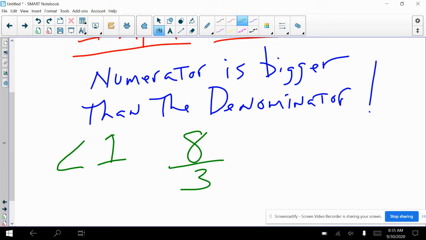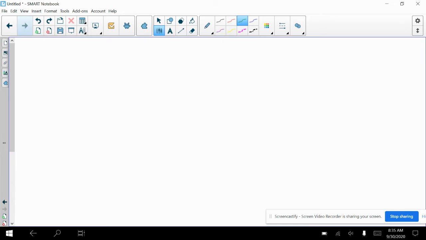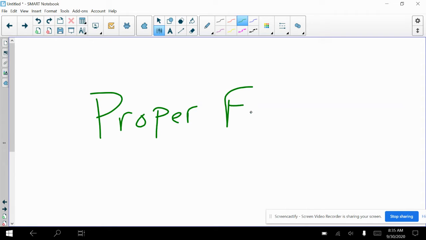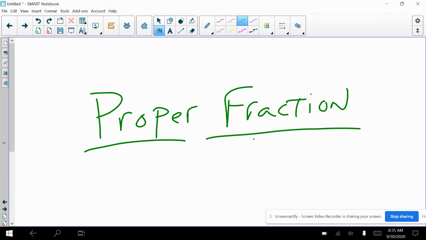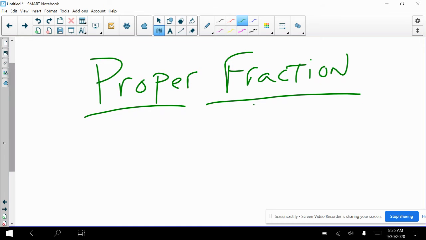And last but not least, do you know what this is? And I'm finding out most people don't know what a proper fraction is. Dean?